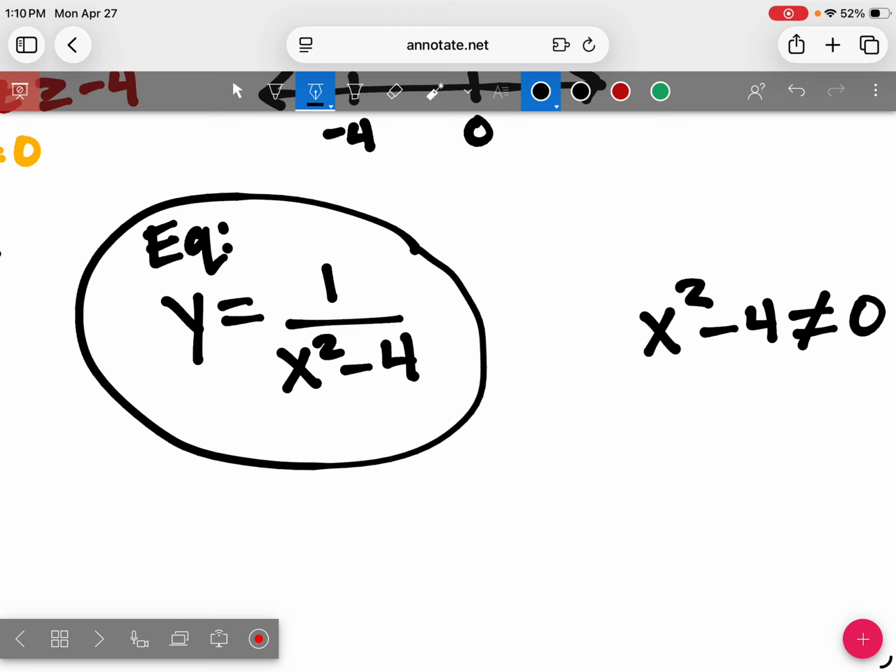So let's figure out what other numbers we're taking away from our domain. First thing I'm going to do is add 4. And then I'm going to take the square root. Now, when you take the square root of 4, it's not just positive 2. It's what else? Negative 2.